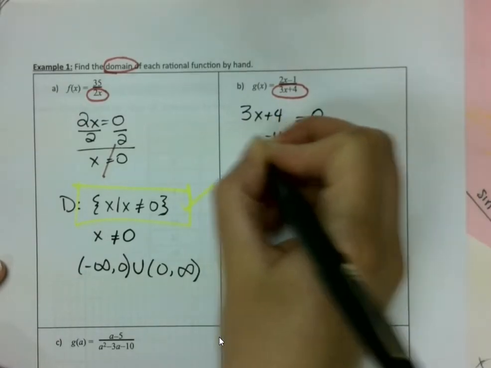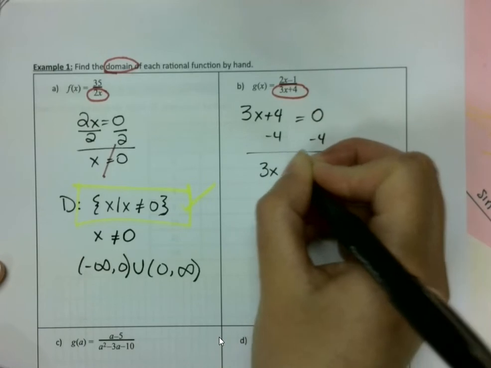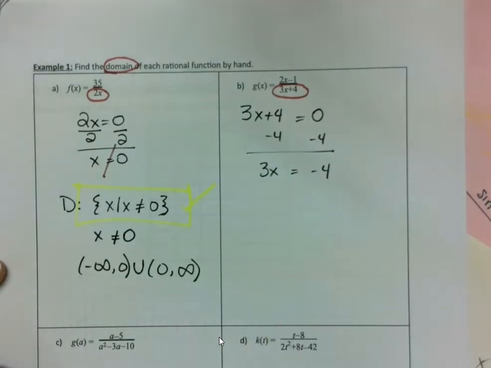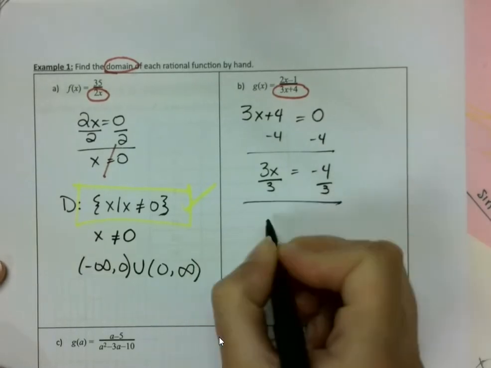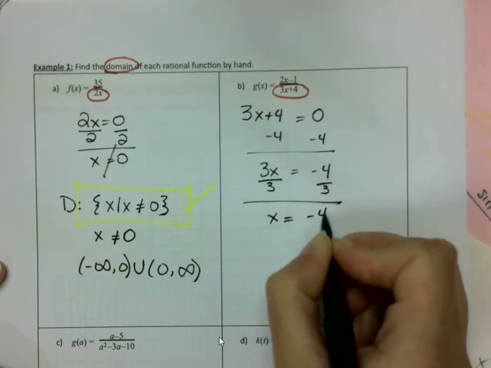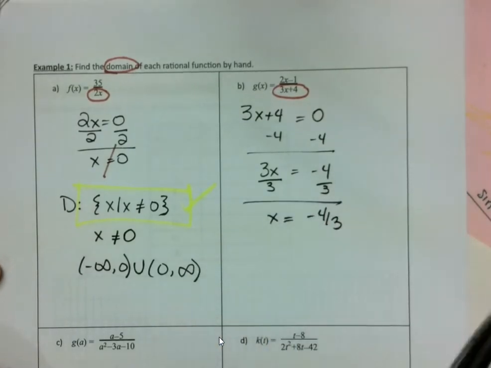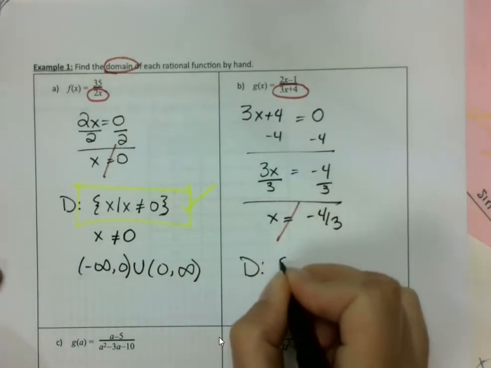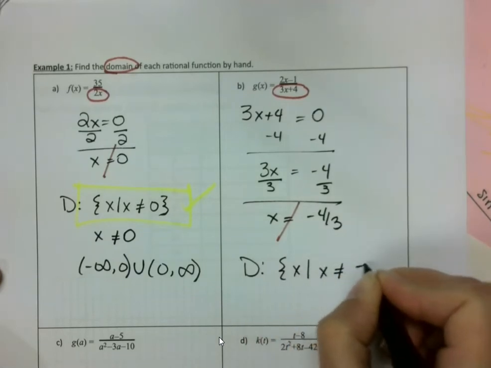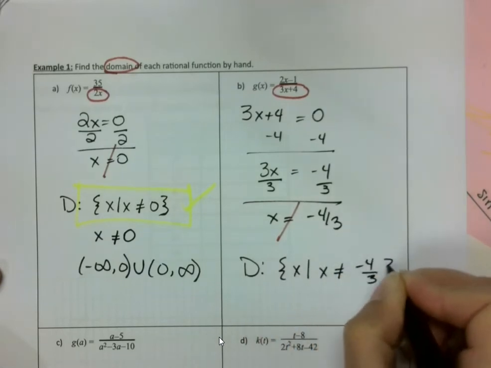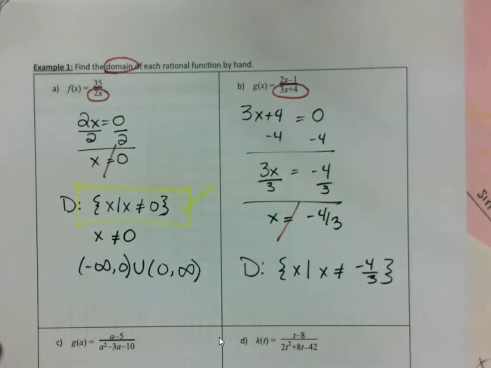Solve it for x, so we're going to subtract the 4 off. 3x equals negative 4, and again, you can pause your videos if I start writing too fast here. Divide by 3, divide by 3, and so that gives us x equals negative 4/3. x is not allowed to be negative 4/3. So that means that the domain is the set of all x such that x is not equal to negative 4/3. All right.